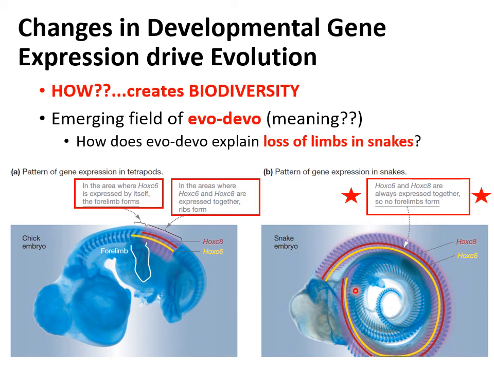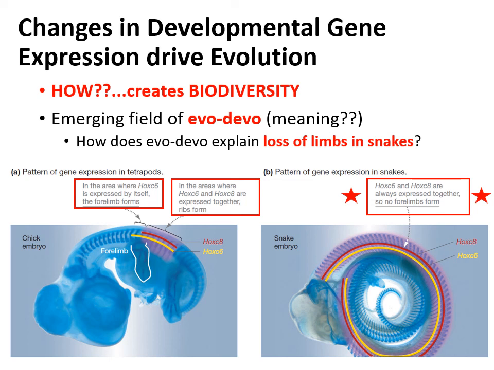Now I want to point out something else interesting with this information. Not only does this lead to no forelimbs, what did I say develops instead when you have HOX6 and 8 expressed at the same time? Instead of a forelimb, you get ribs, right? So when you look at that figure, you have to ask yourself, well, what's different about that snake in evolution compared to other animals?